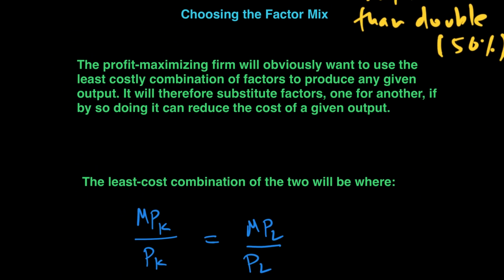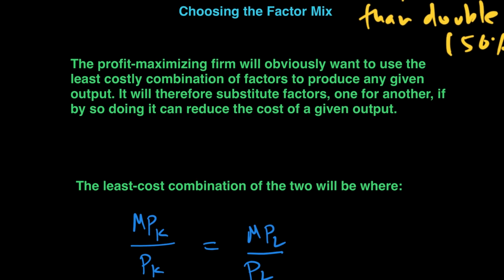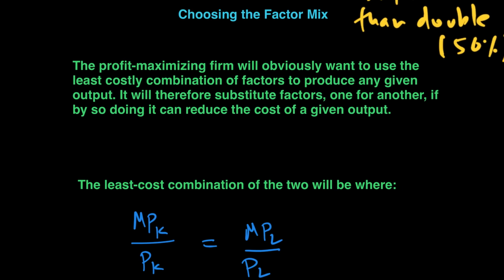When we change the factor mix, basically what we're trying to do is find the least costly combination, the one that gives you the maximum possible output for a given level of input. So for example, I have a combination of inputs in the long run. What can be the maximum possible output that I can get from that? If I am able to get the maximum possible output from a given combination, basically that's where my cost per unit will be the lowest.